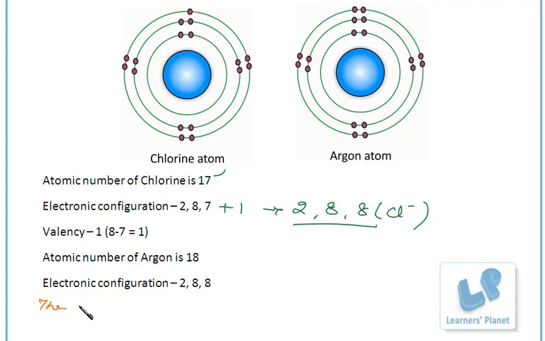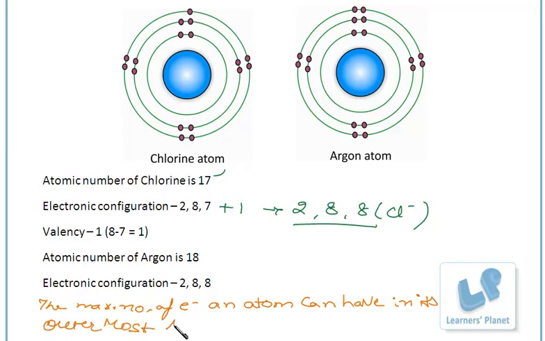The maximum number of electrons an atom can have in its outermost shell is equal to how much? It is 8. So argon has 8 electrons in its outermost shell.